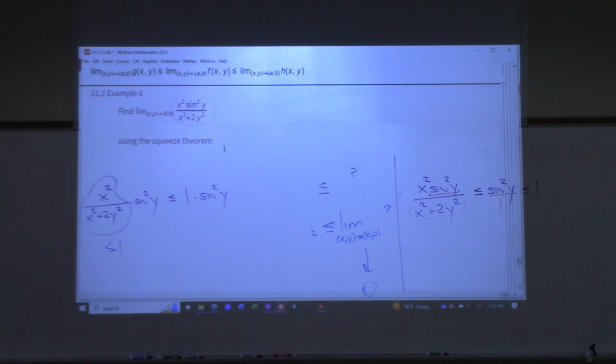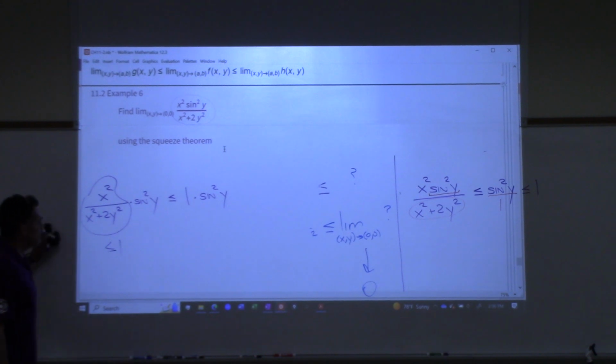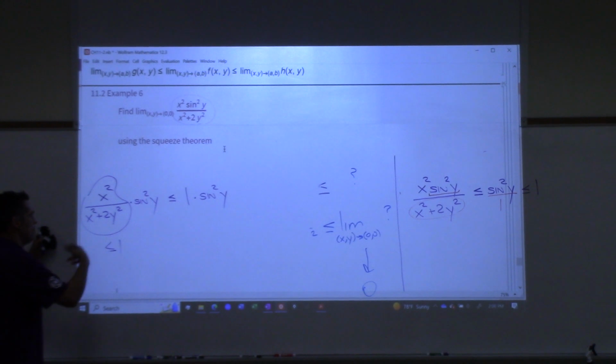Isn't it kind of easier to think of it as, if you solve that inequality by multiplying both sides by x squared plus 2y squared, then on one side you have x squared sine squared y less than or equal to x squared plus 2y squared sine squared y? So you multiply both sides of the inequality by x squared plus 2y squared.